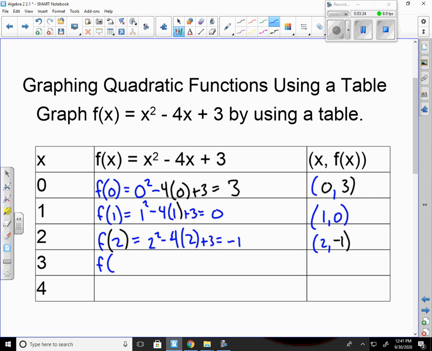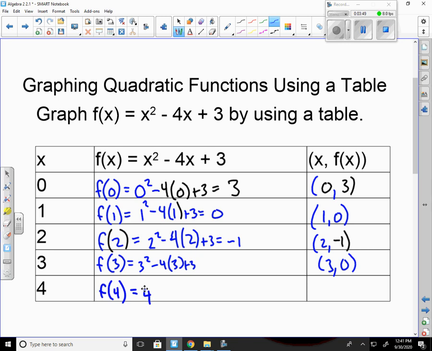Move on to 3. F of 3 equals 3 squared minus 4 times 3 plus 3. 4 times 3 is 12. 3 squared is 9. 9 minus 12 is negative 3 plus 3. That's 0. And then f of 4.